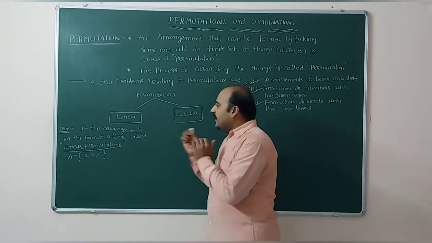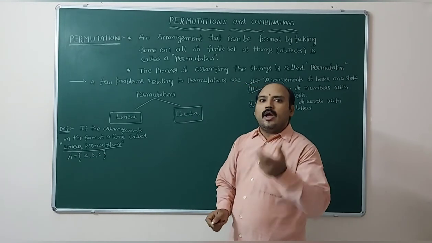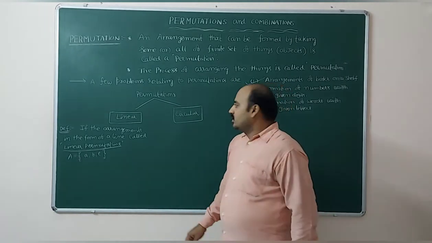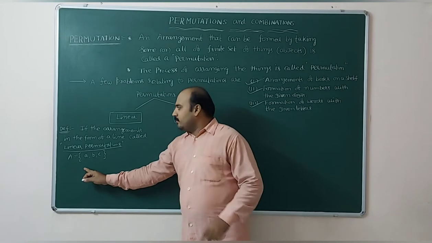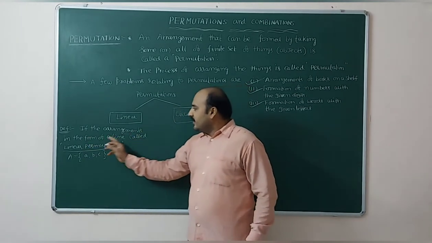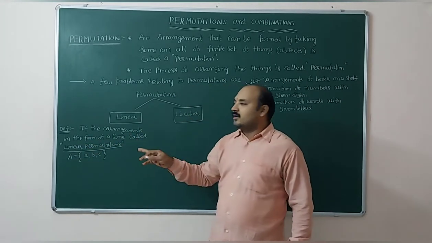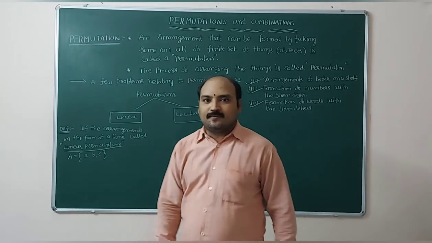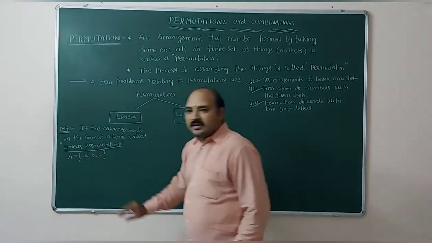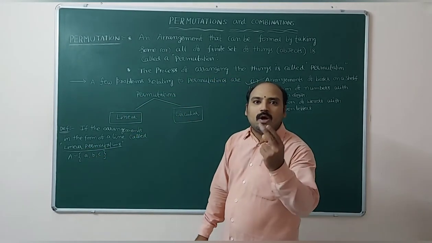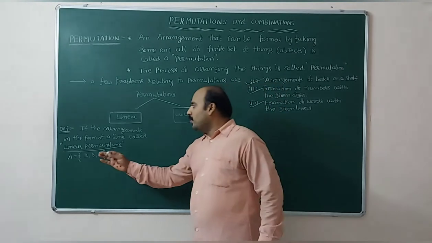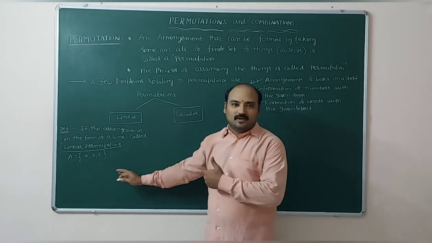Out of 3 elements, you have to arrange, taken 2 at a time, the permutations. If the arrangement is in the form of a line, it is called linear permutation. Out of these 3 elements, taken 2 at a time, how many permutations are going to form here?